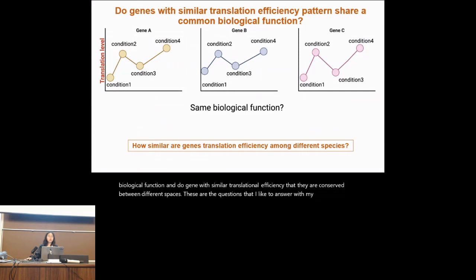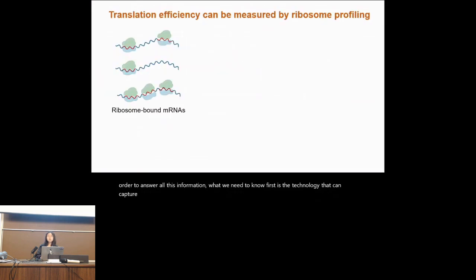In order to answer these questions, what we need first is a technology that can capture translation efficiency, and this can be measured with ribosome profiling. I'm not sure how many people are familiar with this technology, but it's quite similar to RNA-seq, the next generation sequencing technology that captures the genome-wide mRNA level.